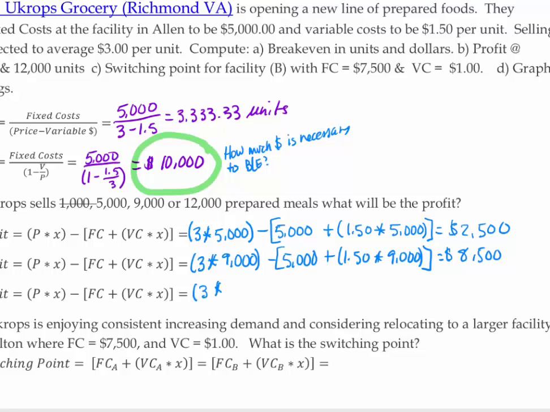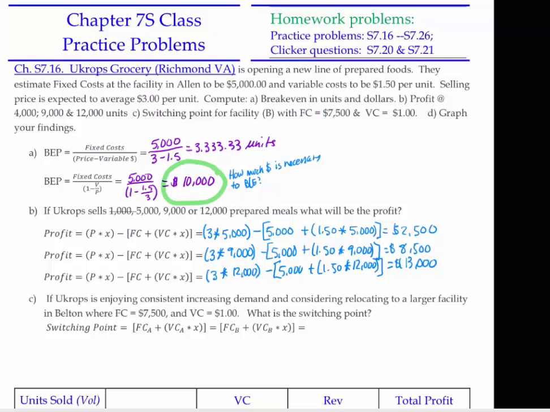And then down here finally we have 3 times 12,000 minus 5,000 plus the same thing again, but this times 12,000. And so that should be about $13,000.